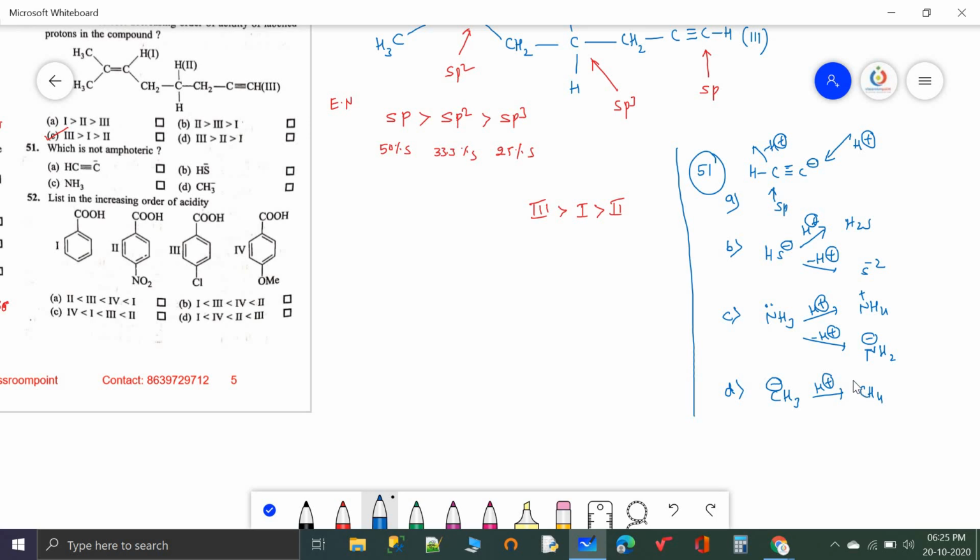This is more stable because it gets all covalent bonds, and it cannot lose one more H plus ion, because if it loses one more H plus ion, it becomes CH2 minus 2, which is more unstable. So CH3 minus, the methyl carbanion, is the one that is not amphoteric. It is only basic in nature, not acidic. So option D is correct here.